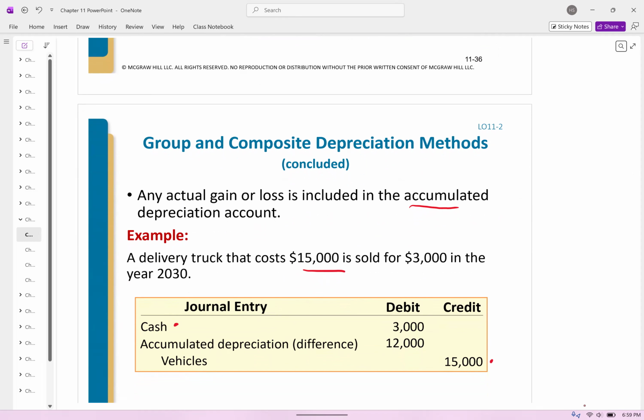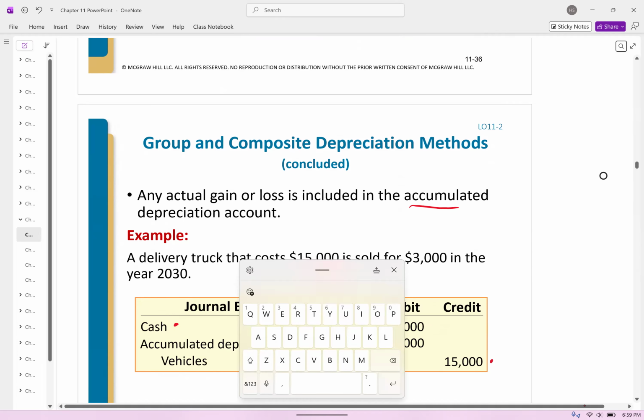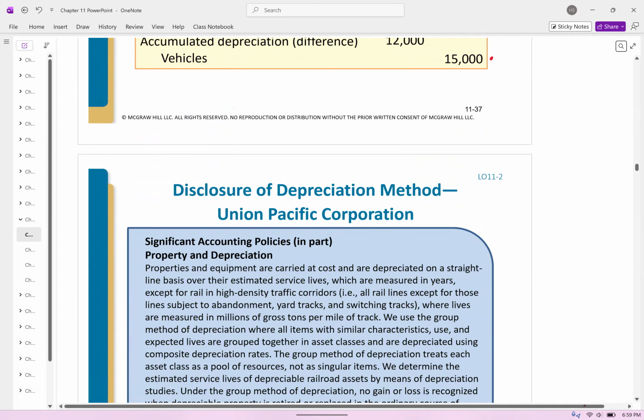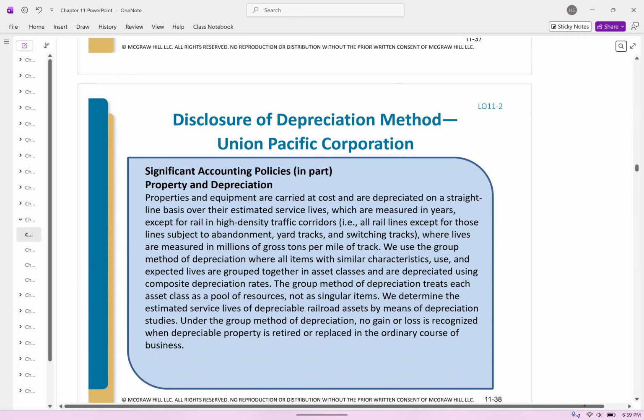That just gets shoved into the accumulated depreciation. There we go. And here is a disclosure that just shows us Union Pacific, how they disclosed all of this information and how they did their group and composite depreciation calculations.